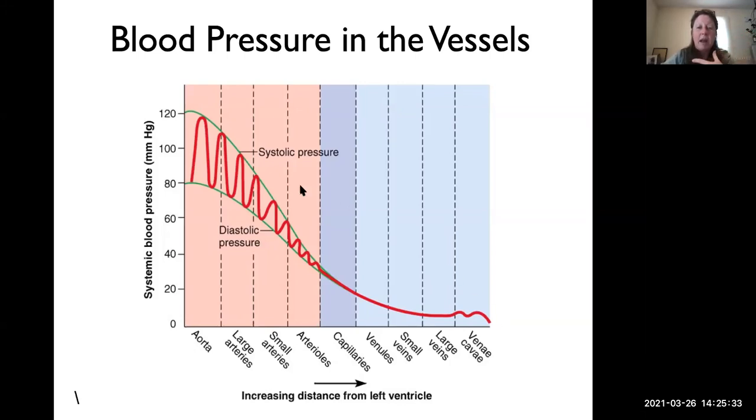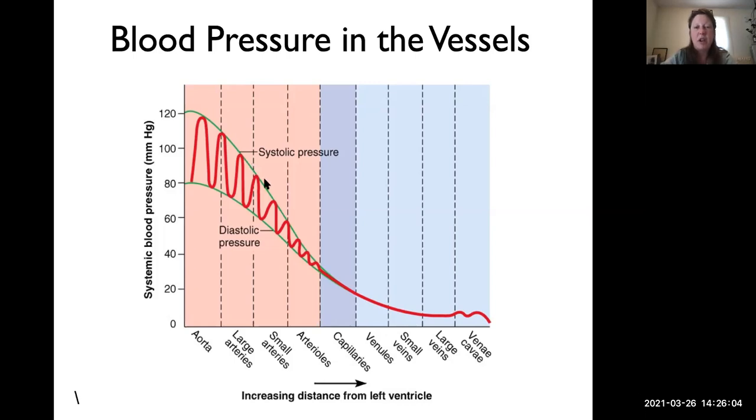Despite the fact that all vessels have pressure, when we talk about blood pressure, we're typically only referring to the pressure in the arteries, in the systemic arteries. The reason for this is that the pressure in the systemic arteries gives us information about how much blood is being delivered to the organs of the body, and therefore how much oxygen is being delivered to the organs of the body.